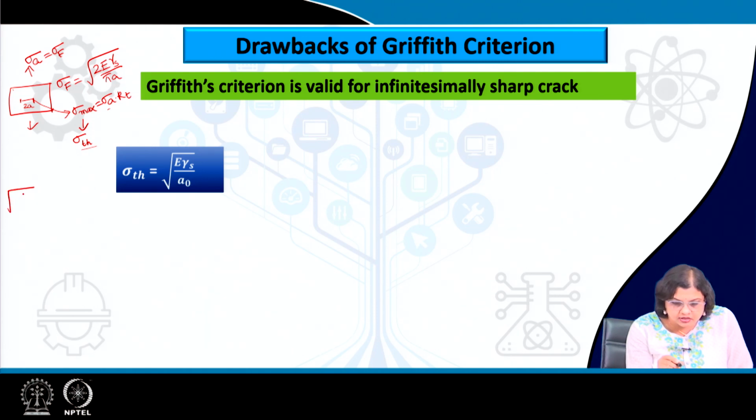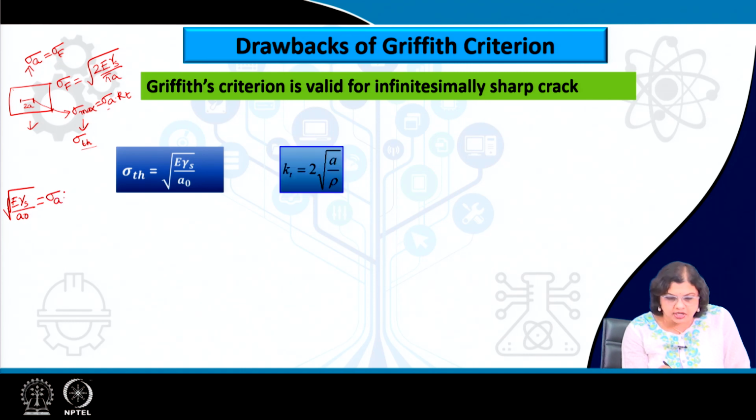Let me write the full equation here: root over E gamma s by A0 equals sigma A into kt, where kt is nothing but 2 root over A by rho.